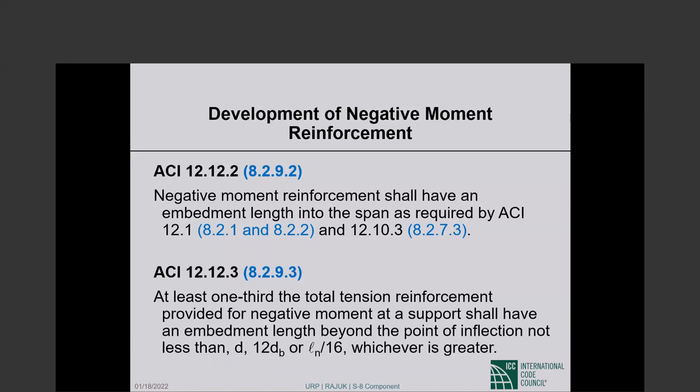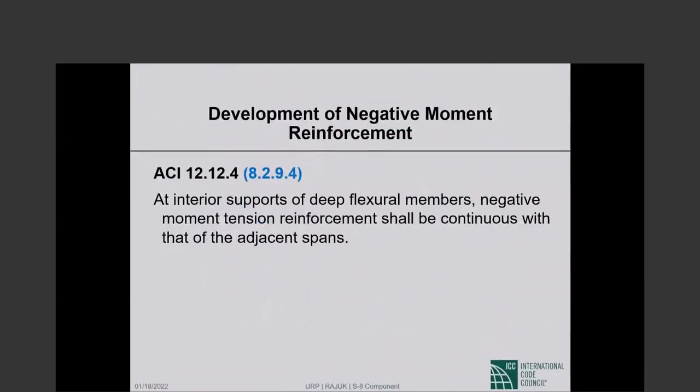Okay, so at least 1/3 of the total tension reinforcement provided for negative moment at a support shall have an embedment length beyond the point of inflection. This is negative reinforcement, not less than D, 12 bar diameters, or L sub n over 16, whichever is greater.